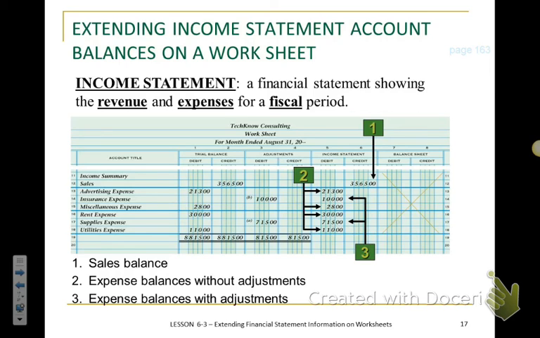All the rest of them, there's no adjustment. They're just bringing the balance over. Same thing with our supplies. We had a zero balance here. We had a debit of 715, so we're going to bring that over. So it's like 0 plus 715 equals 715. If I had supplies expense already, let's say I had supplies expense of 200 here, what would be my balance in my income statement?